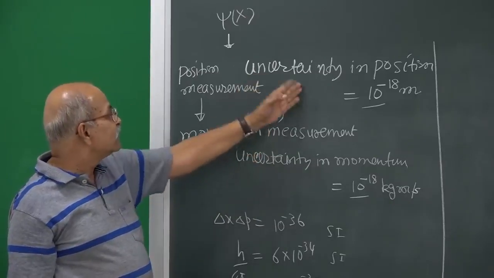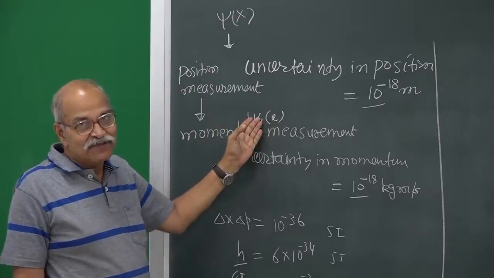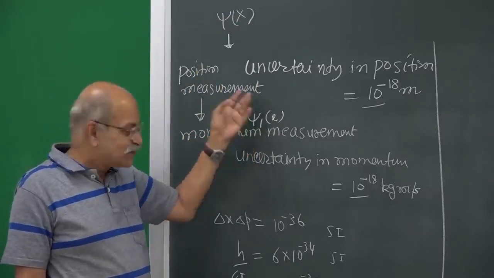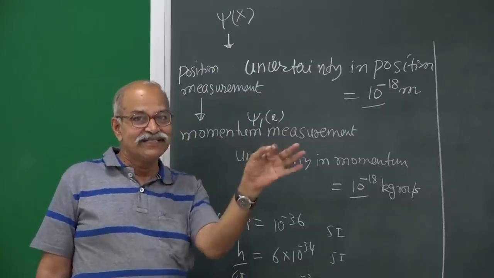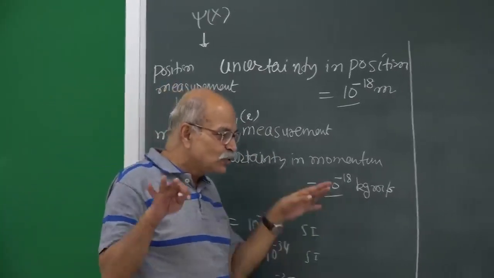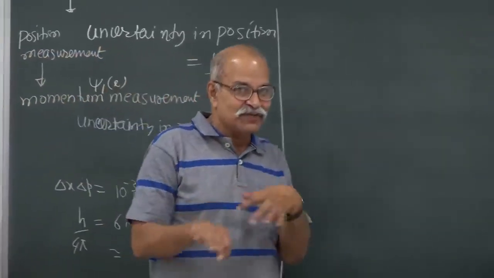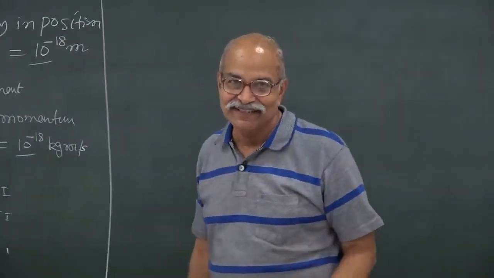So, delta x is in one state, delta p is in some other state, and therefore the Heisenberg uncertainty principle is not applied here. In the same state you should have delta x and delta p. So, that was the second line of reasoning. These two were the main streams, and therefore I want to clarify certain things.